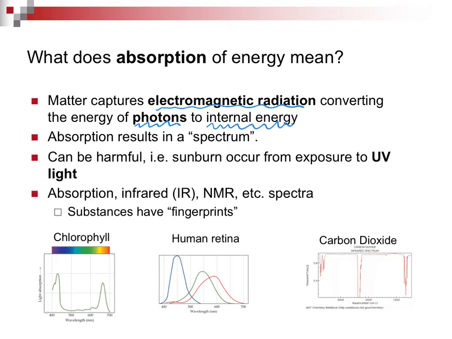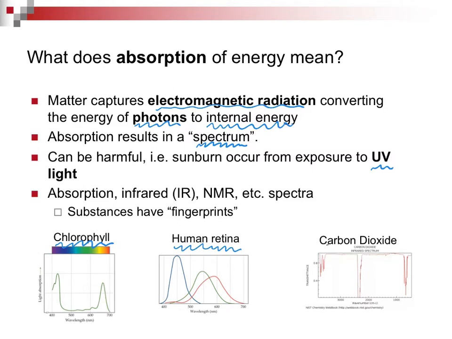When something absorbs, what you get is a spectrum, and you see 3 of them below. Some are useful. Chlorophyll, that's how we have energy in plants. Some of them can be harmful, and that would be UV radiation, which can give you a sunburn, eventually to cancer. Your human retina has rods and cones that absorb at different parts of the absorption spectrum.